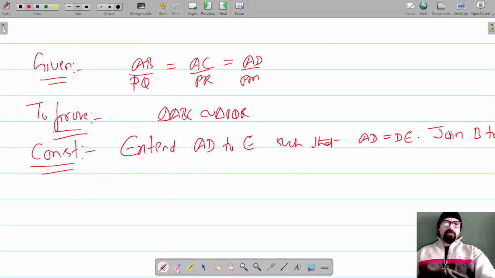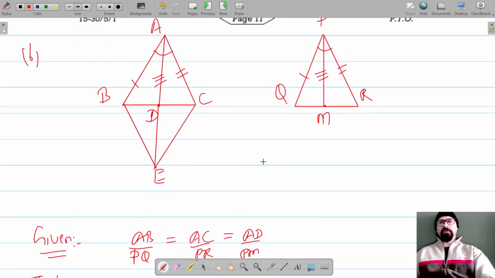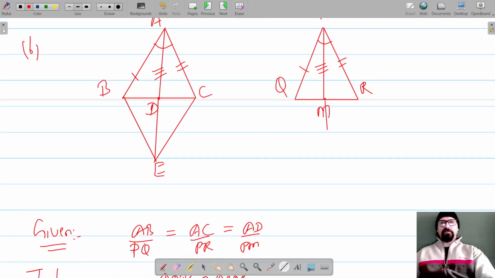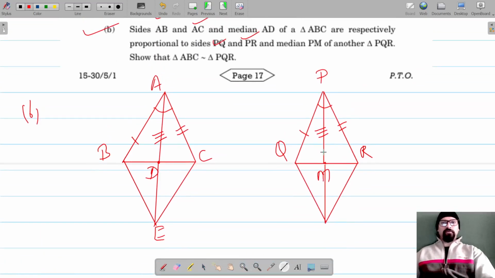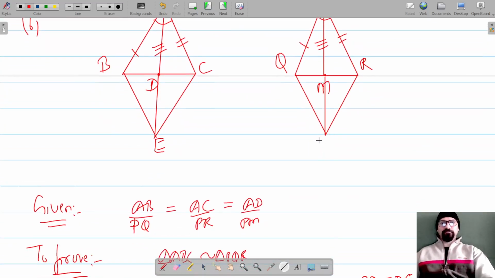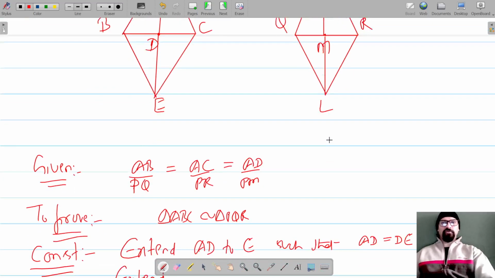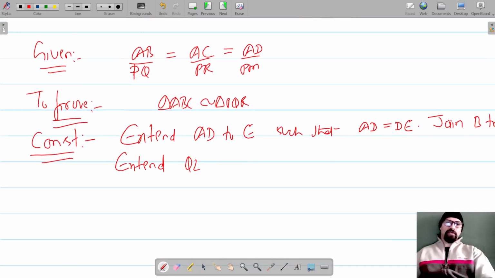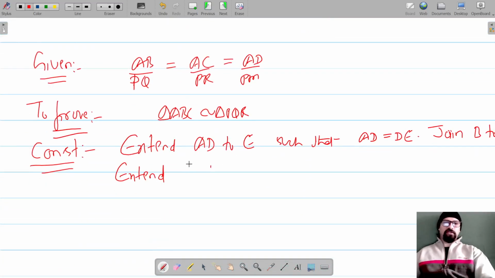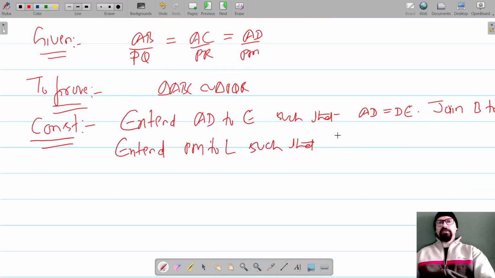Okay. Similarly, for the other triangle, let's extend PM to L such that PM is equal to ML.